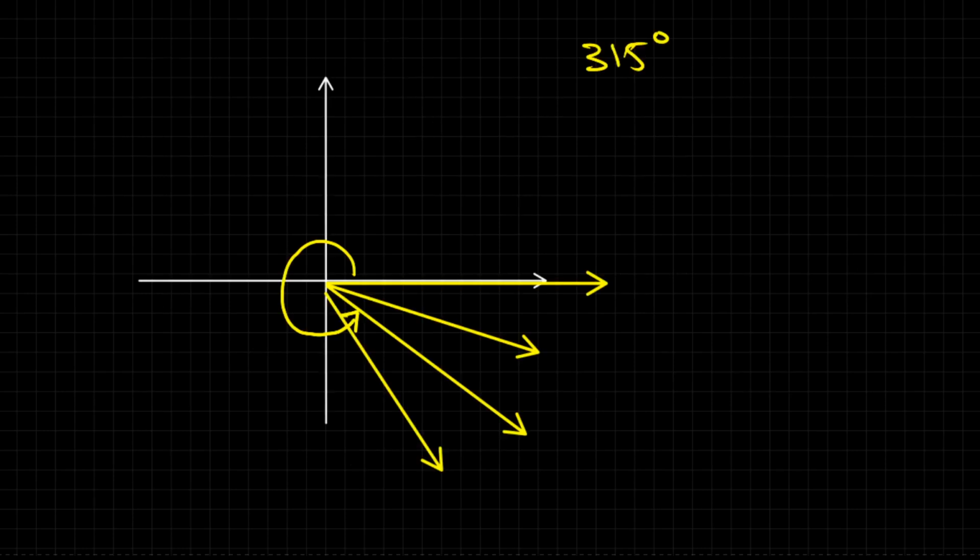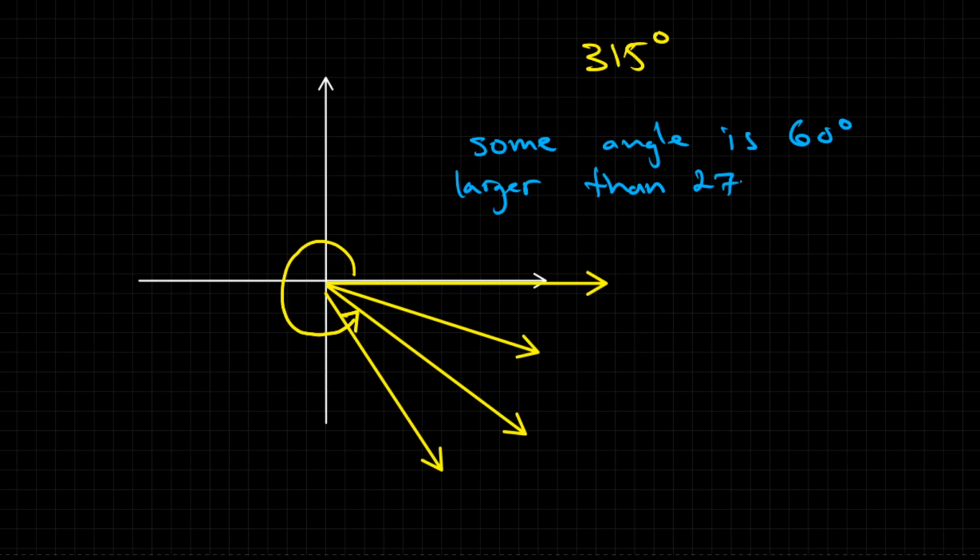So if we concluded that some angle that we are working on for some different problem is 60 degrees larger than 270 degrees, then the way that I would draw that is, remember, 60 degrees is 2/3 of 90 degrees.